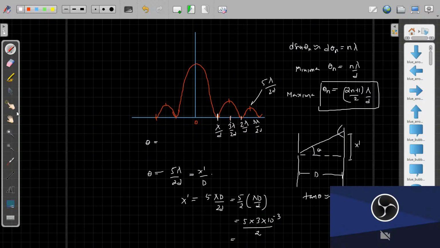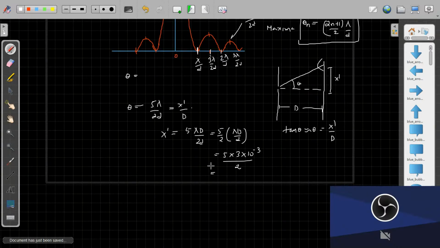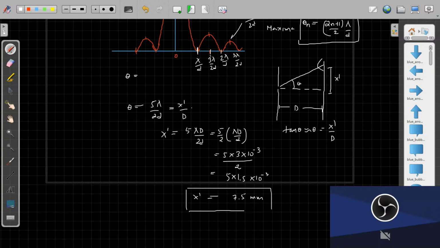So that gives me 1.5. So 5 into 1.5 into 10 to the power minus 3, or 5 fives are 25 and 2 fives are 7.5 millimeters. So that is the position of the secondary maxima in this question.